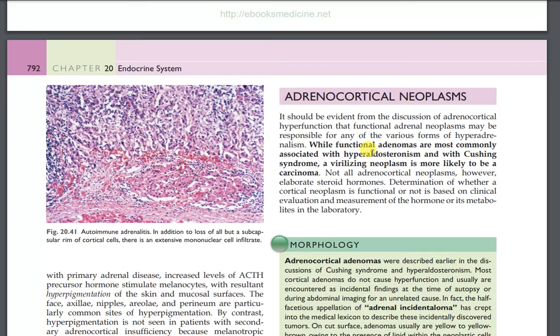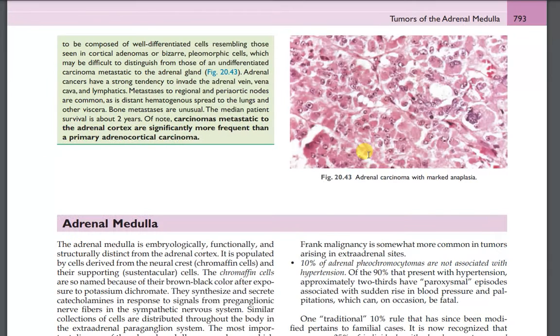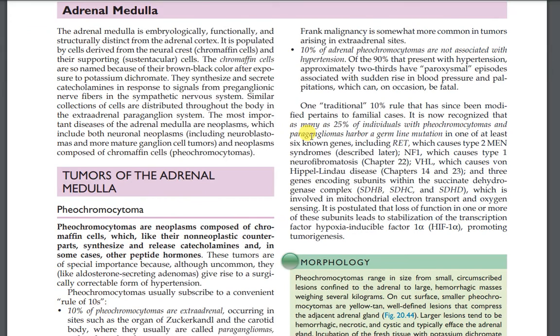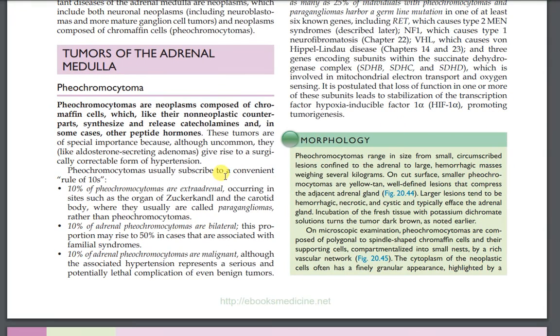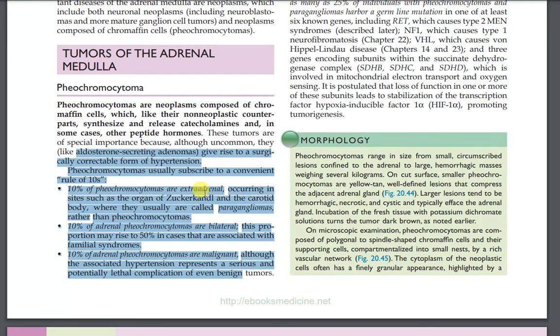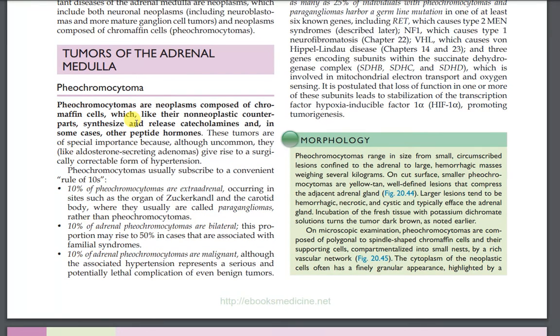Then we can skip this, and move to adrenal medulla tumor. One tumor I explained to you now, known as pheochromocytoma. Pheochromocytoma has a lot of different cases, so please read about this. Pheochromocytoma causes the formation of a larger amount of adrenaline and noradrenaline, which leads to increased blood pressure, especially after stress.